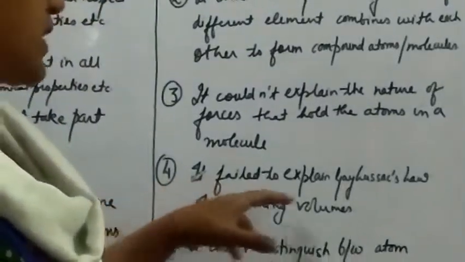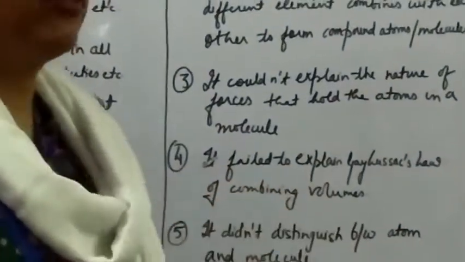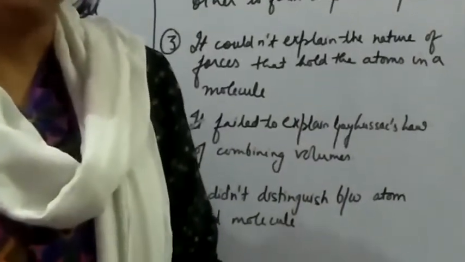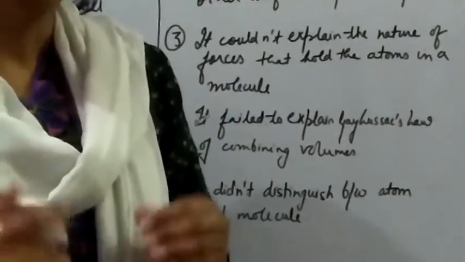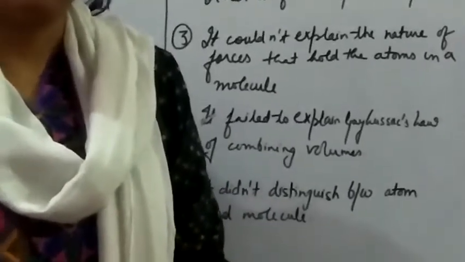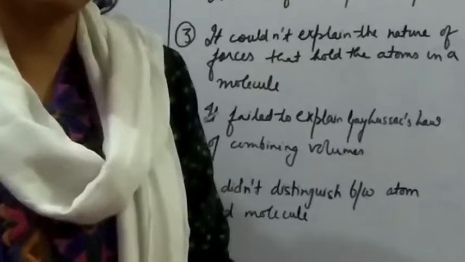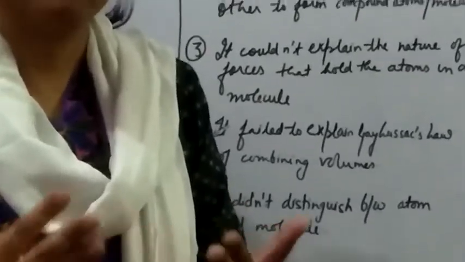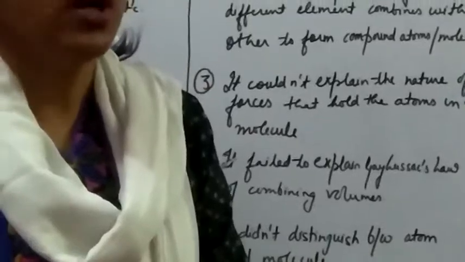Now, it also failed to explain Gay-Lussac's law of combining volumes. Students, in the last class we discussed Gay-Lussac's law. What it states is that when we have gaseous reactants and gaseous products, they react with one another in a simple whole number ratio by volume.